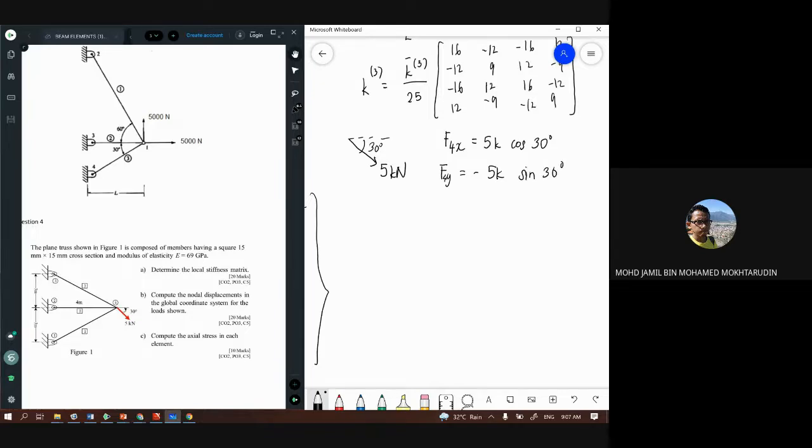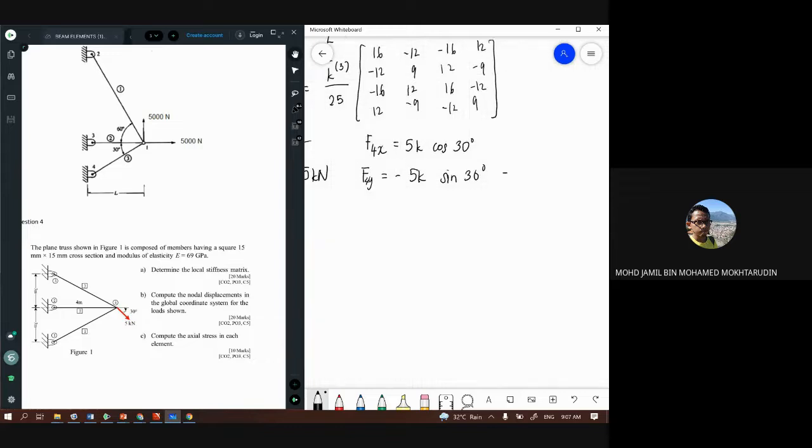So let's find this first. So we get negative 5 over 2 k, and the top one, we get 5 square root 3 over 2 k.